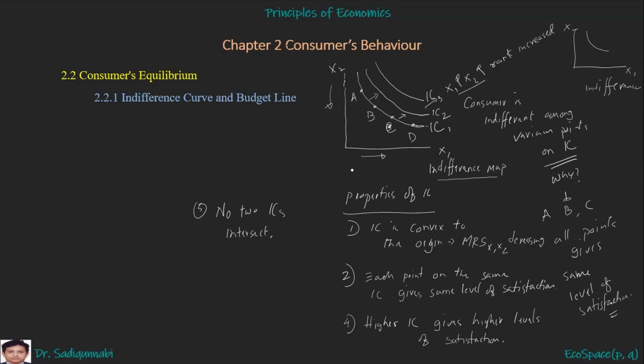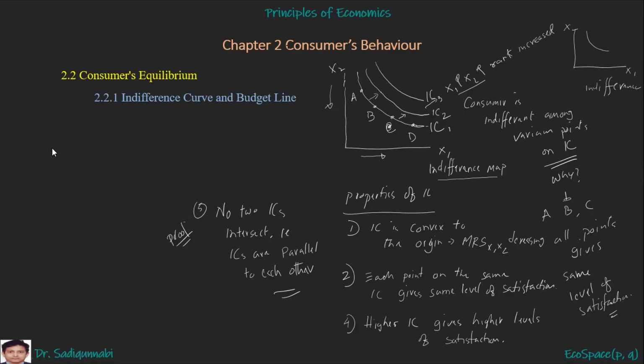That means ICs are parallel to each other. So we are going to prove this. So how can we prove this?